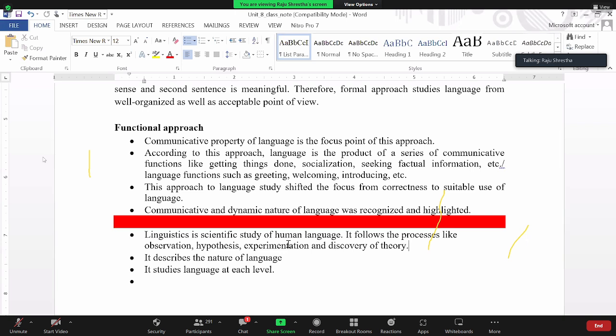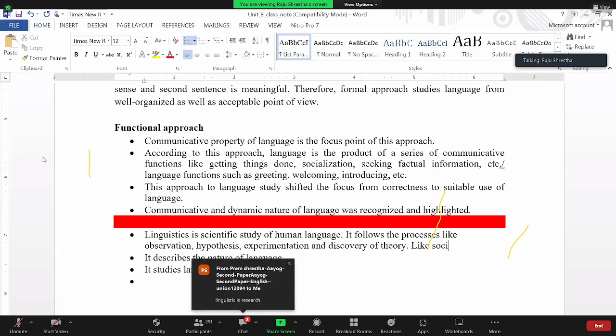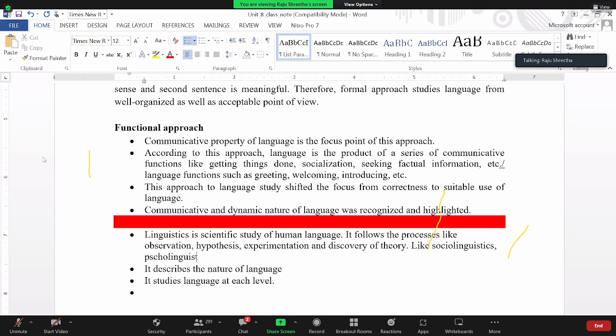Linguistics is the scientific study of human language. It follows the processes like observation, hypothesis formation, experimentation, and what, discovery of theory. We will have like एउटा दुईटा theory भन्नु त linguistic example दिन पर्यो. Like sociolinguistics भनौँ न, psycholinguistics हैन, sociolinguistics हैन.